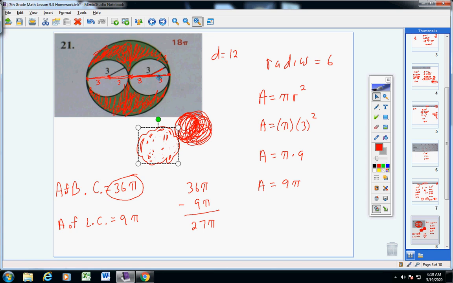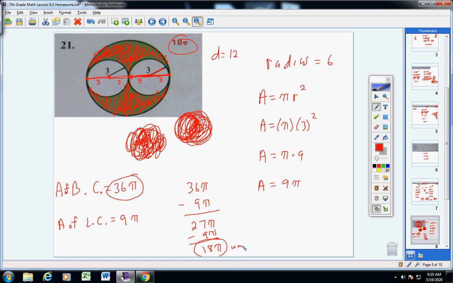So I subtracted out this circle here, and I got this. Now let's subtract out this circle here, and 27 minus 9 is 18, and there we go. That is my answer, 18 pi units squared.